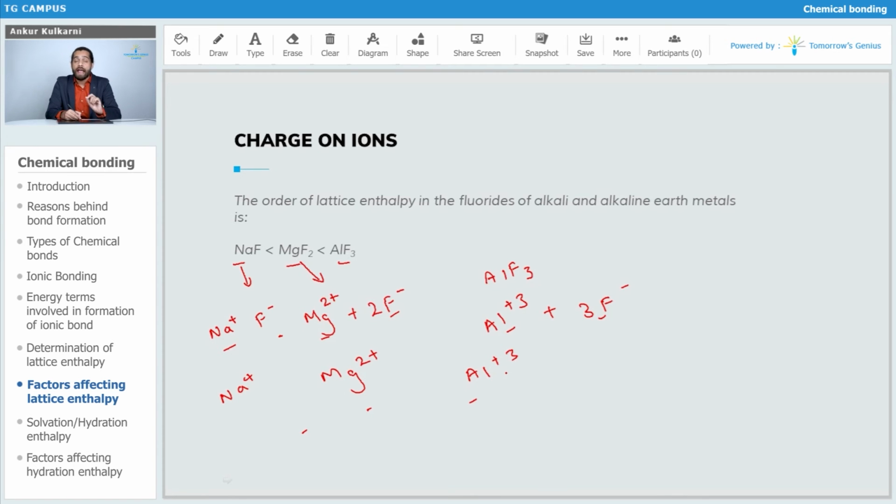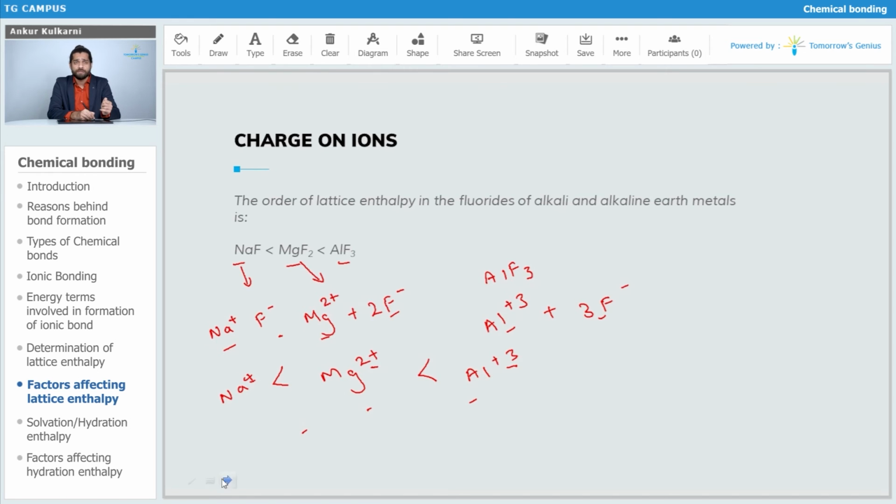So aluminium has +3 charge, so it has maximum lattice enthalpy, which is followed by your magnesium, which has 2+ charge, and then comes the least, that is your sodium, because your sodium contains only a single positive charge, whereas your magnesium contains 2+ and aluminium contains +3. So your order is clear. I hope this is very easy. There is no doubt in this.